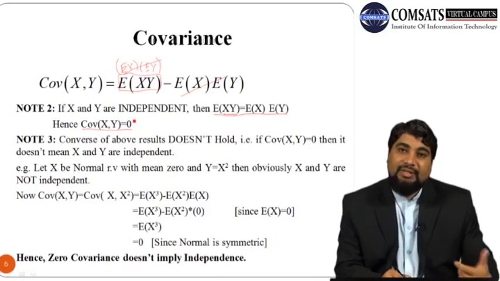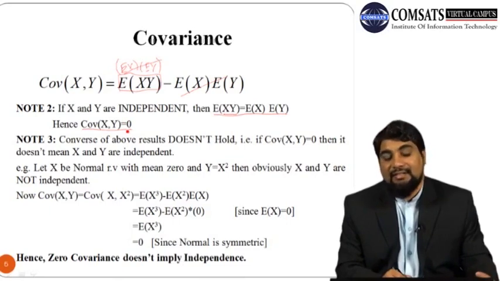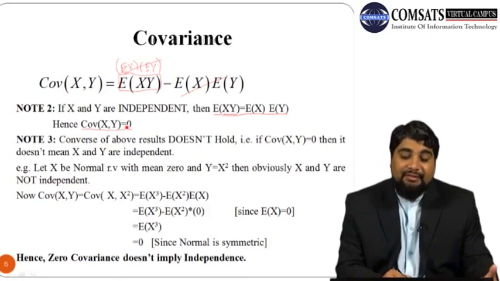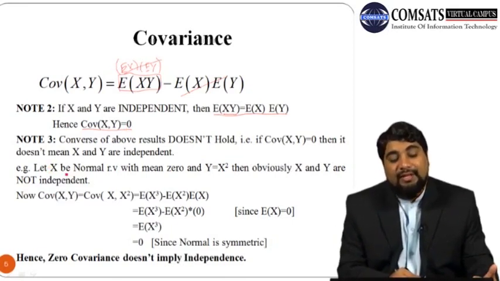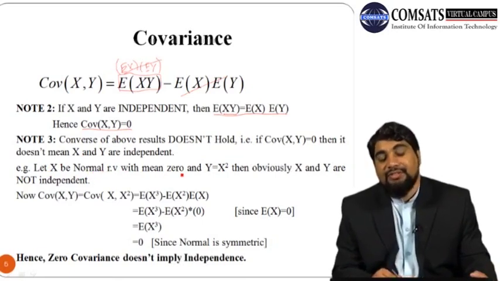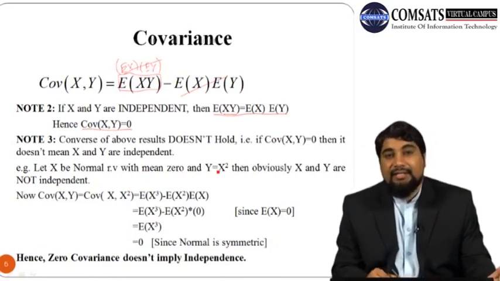But the converse is not true, that if covariance is 0, it does not necessarily imply that the two variables are independent. So let us explain this result with the help of an example. Suppose x is a random variable which follows normal distribution with mean 0 and any variance, and y is the square of random variable x, so y is equal to x square.